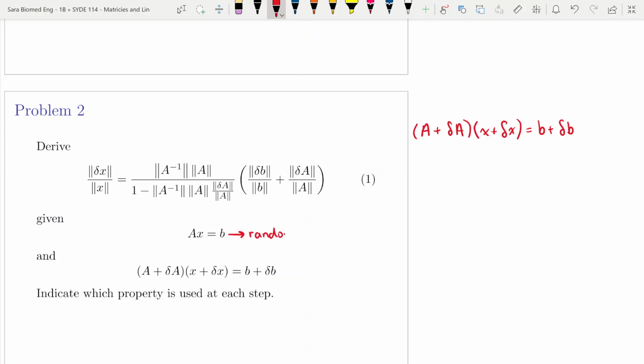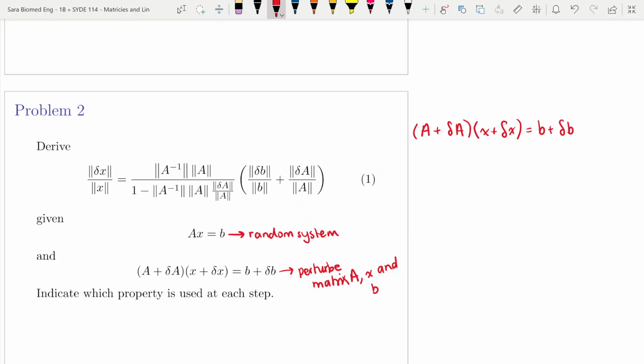And when you perturb matrix A, vector x and vector b, you're going to get a new system. If this delta A, delta x, delta b are relatively small compared to the original A, x, and b, then the new system will be close to the original system, even though they're a little bit different.